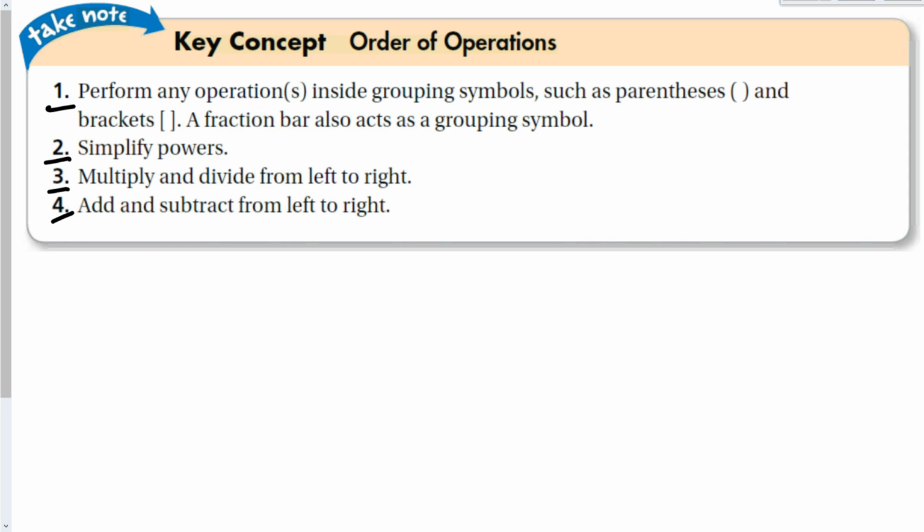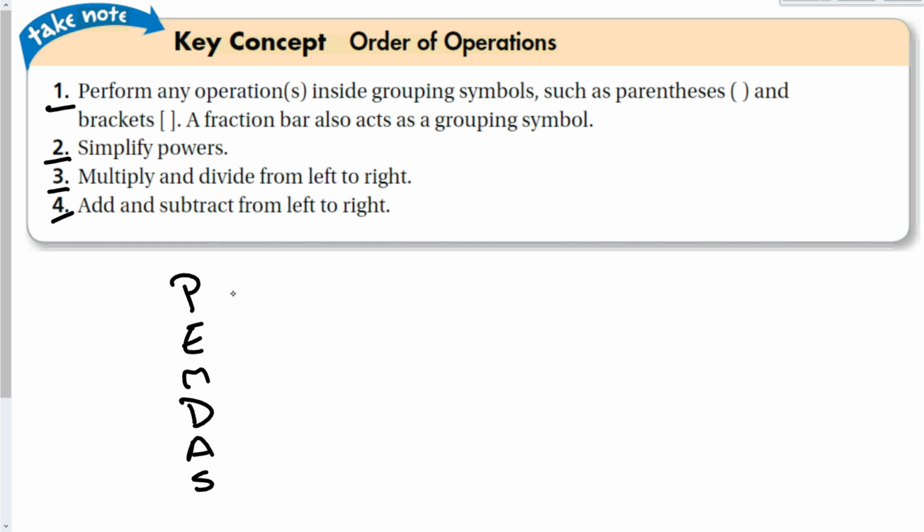Now, you probably have heard of this acronym, PEMDAS, and some nice little phrases to help you remember it. Please excuse my dear Aunt Sally, or whatever other ones you've heard of in the past.